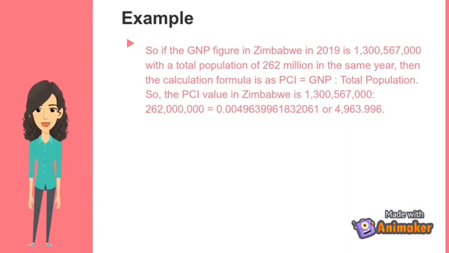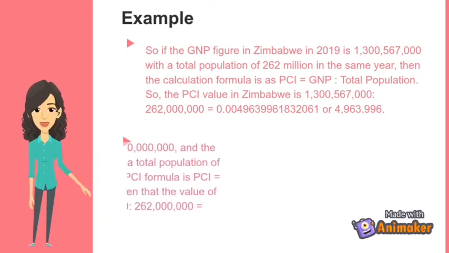So, the PCI value in Zimbabwe is 1,300,567,000 per 262,000,000 equals 0.0049639961832061 or 4,963.996.